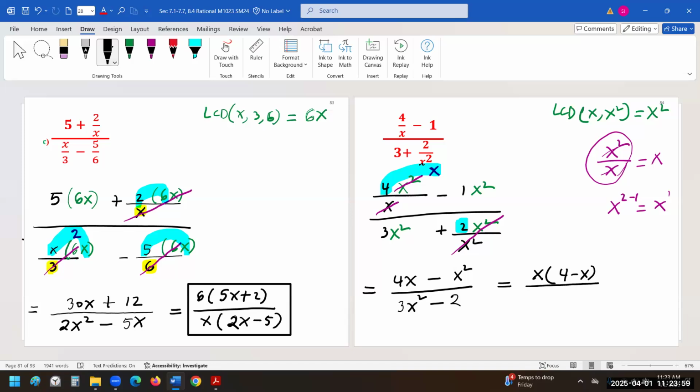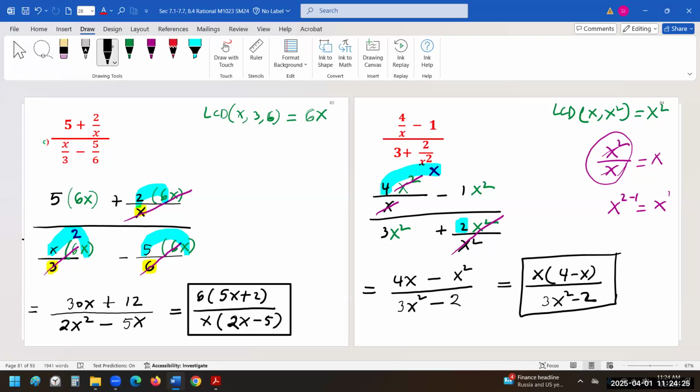Great. Mustafa, can you do anything on the denominator? So we'll leave it alone. And that's all you have to do. Find the LCD of all the denominators, multiply all the numerators, cancel, rewrite.